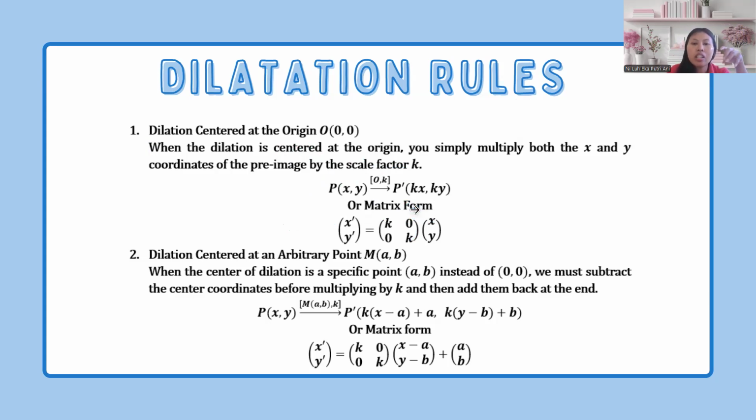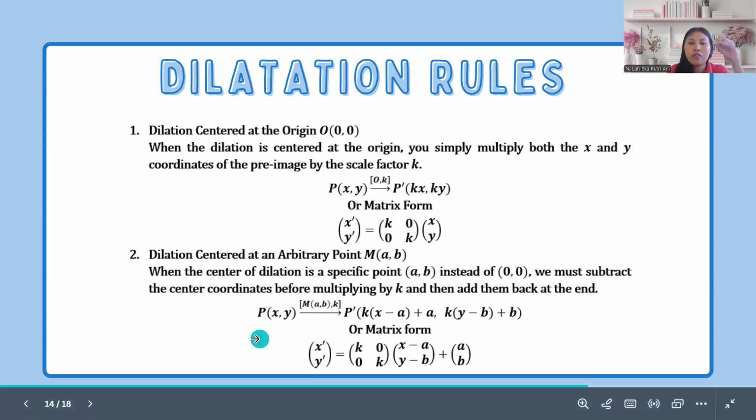The second, dilatation centered at an arbitrary point M(a, b). When the center of dilatation is a specific point (a, b) instead of (0, 0), we must subtract the center coordinates before multiplying by k and add them back at the end. This is the formula.